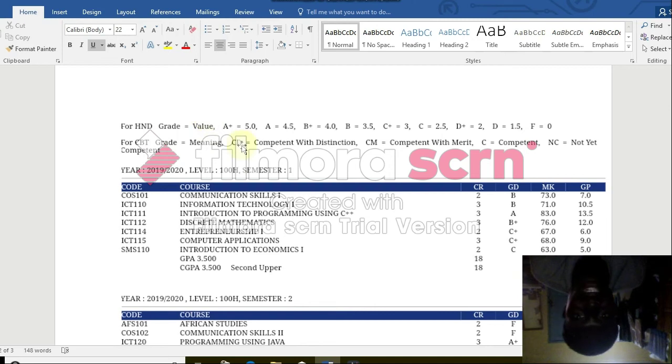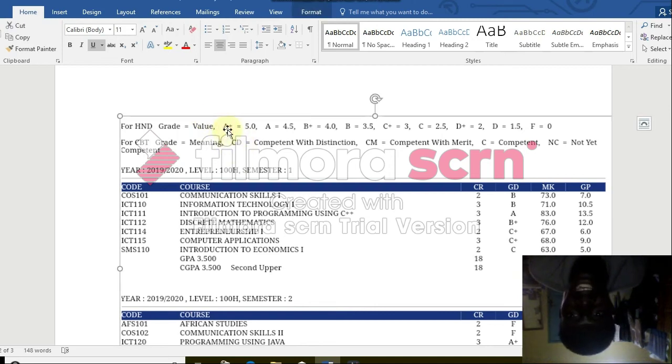So the grade value, meaning that when you have A plus, the value that is awarded to A plus is 5.0. If you had A, the value awarded is 4.5, B plus 4.0, B 3.5, and so on, F 0.